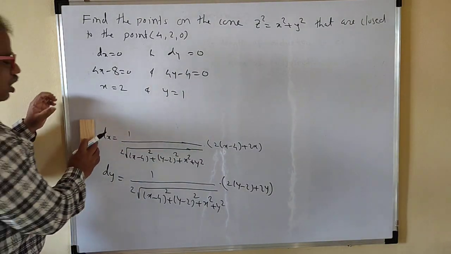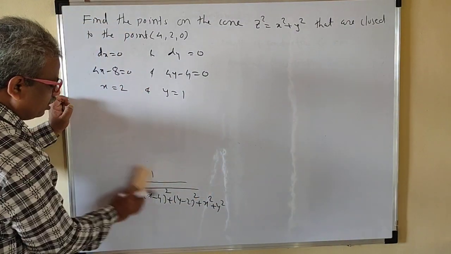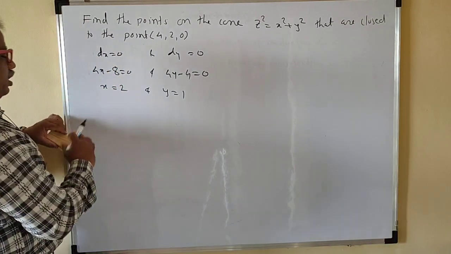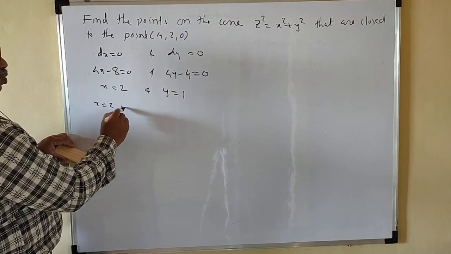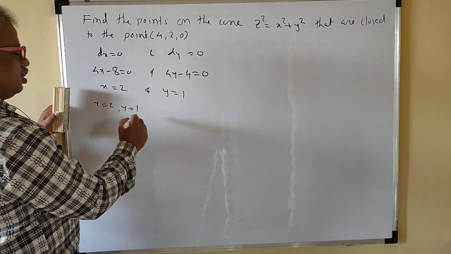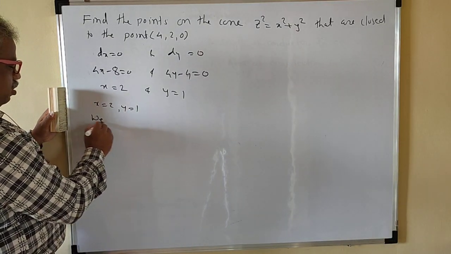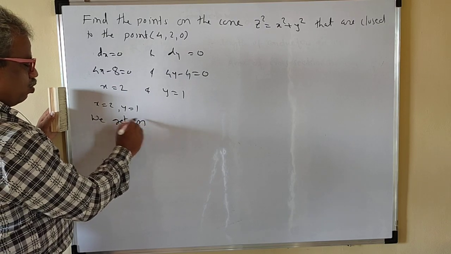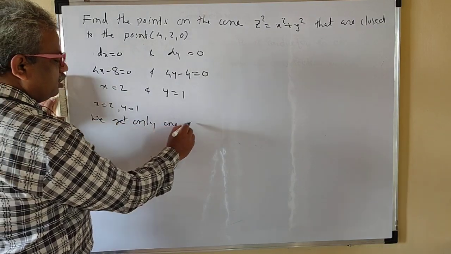Okay. So now you get x is equal to and y is equal to, right? So x is equal to 2, y is equal to 1. Right? So we get only one stationary point.